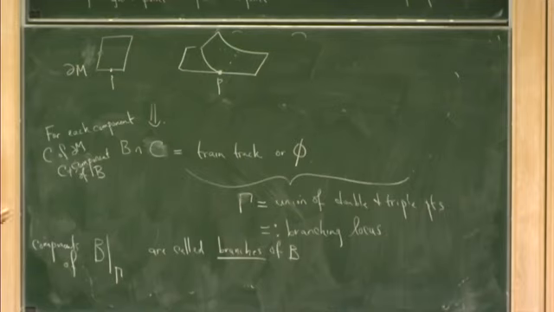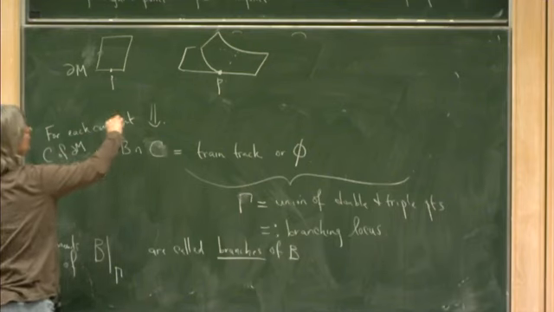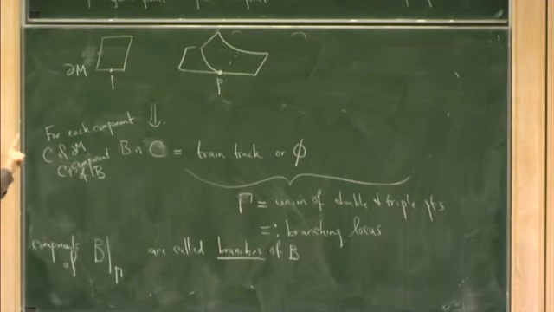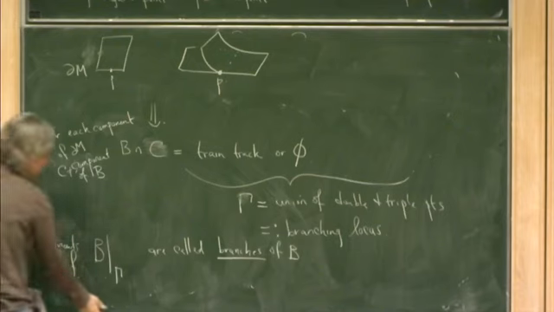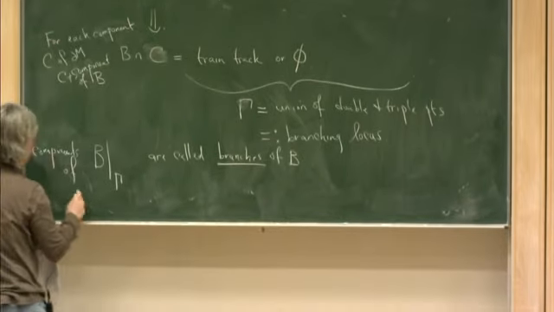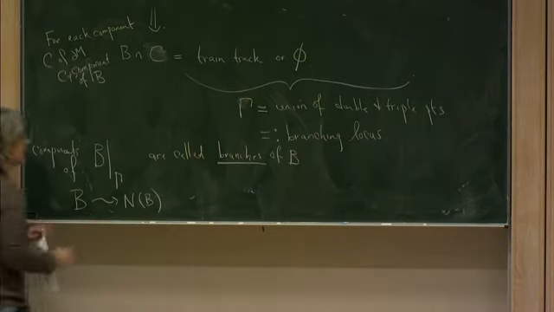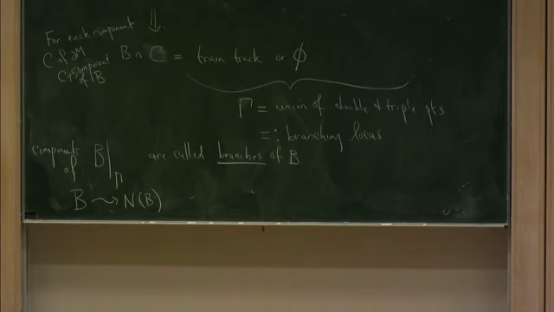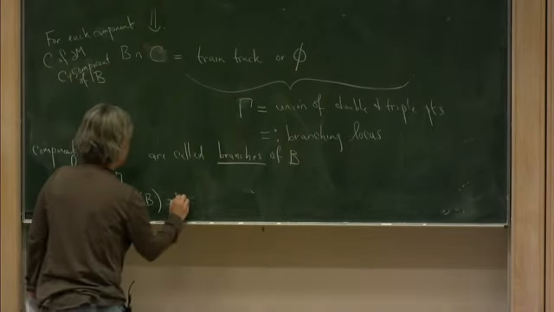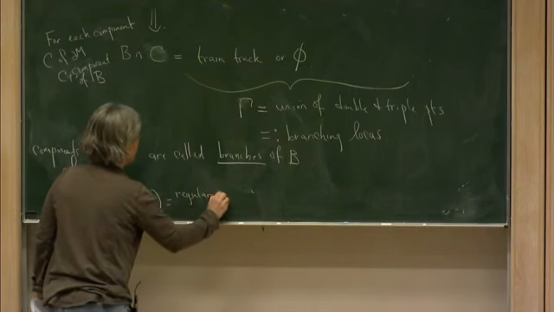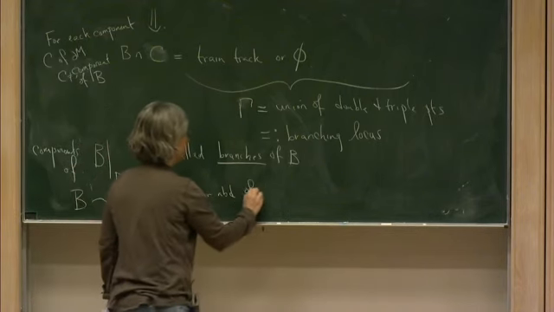And just like we did with the train track, I can think about associating to my branch surface a regular neighborhood. So I can start with B and associate to it a manifold, a regular neighborhood of B.